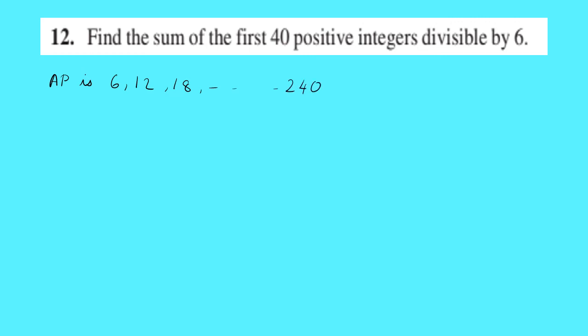Now, since the common difference is 6, you can already write it as it is an AP. Then the first term A equal to 6 and common difference D equal to A2 minus A1, that is also 6, and the last term, that is 240.